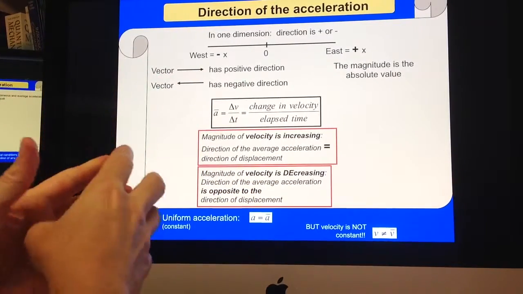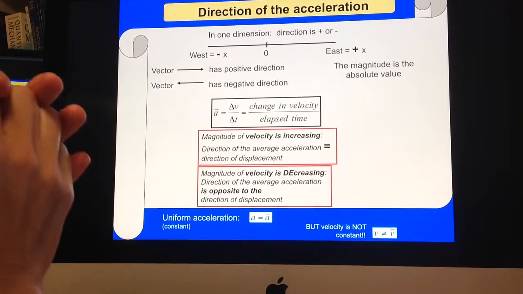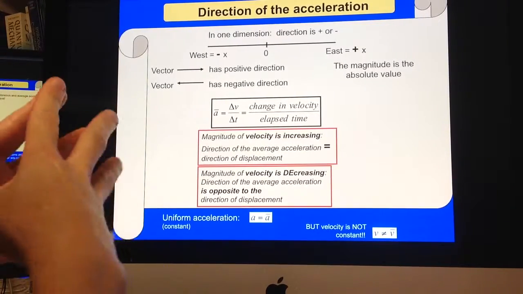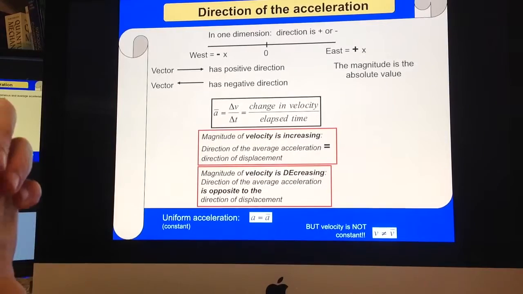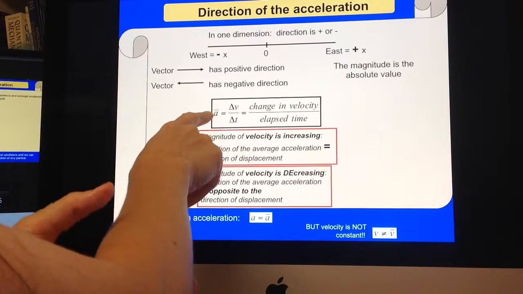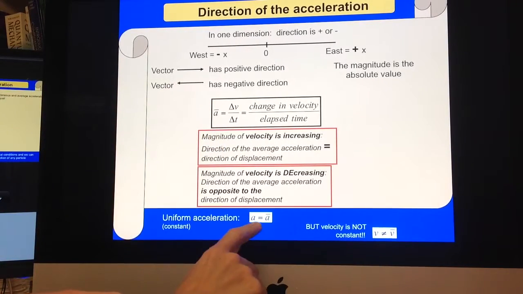Now, what we will be studying in this chapter and in the following ones are cases in which we do have acceleration, but the acceleration does not change. Uniform acceleration, constant acceleration. So the instantaneous and the average, remember we put a bar for the average, are just the same.